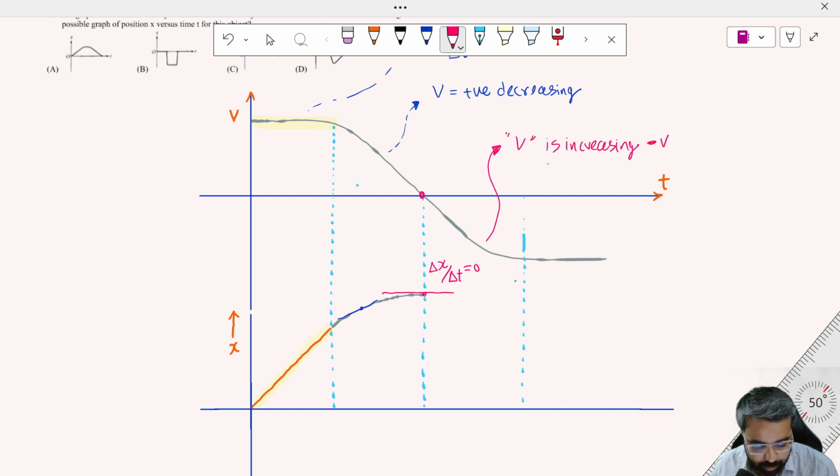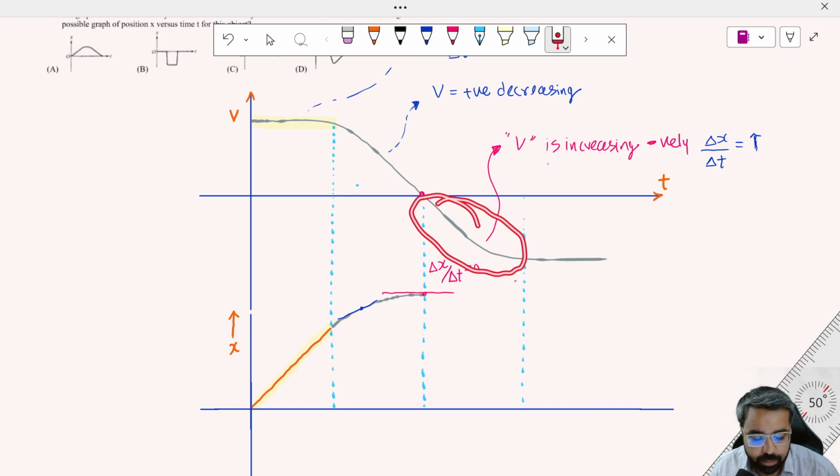It is increasing negatively, which means that the slope delta x over delta t must be increasing negatively. And what curve gives us a negative slope? All of the values during this time, and even after that, all the values of velocity are negative, which is only possible with the help of this curve.